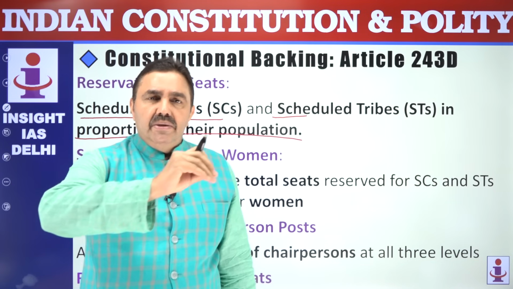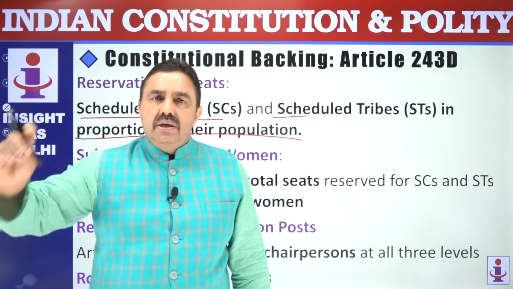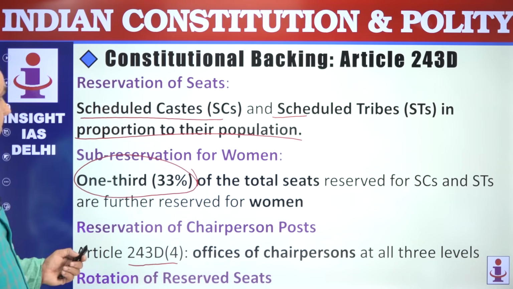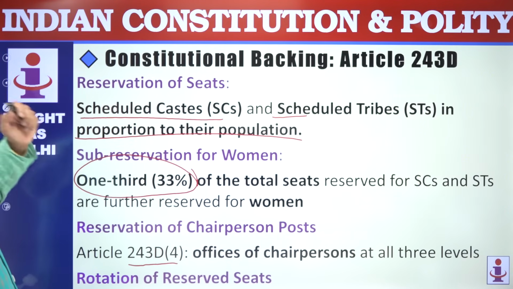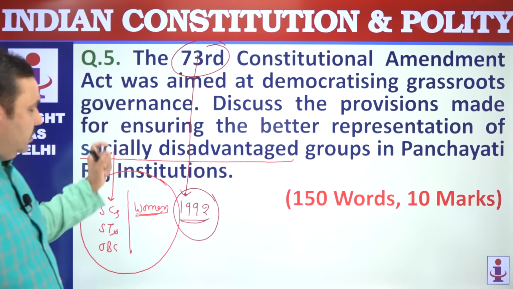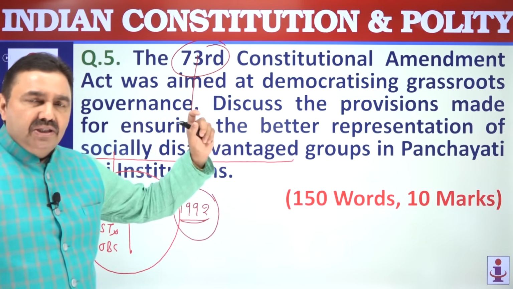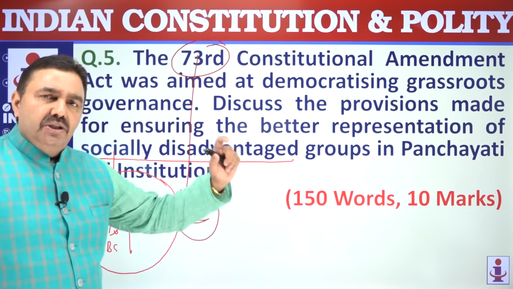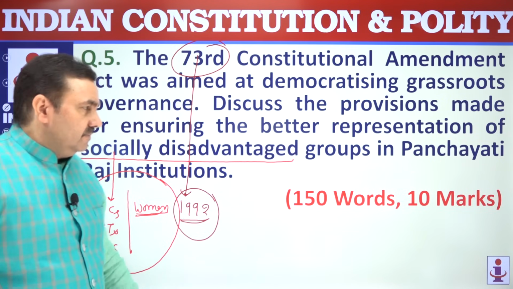To ensure that empowerment is equally distributed, there is a provision of rotation of reserved seats. So these are the provisions of the Constitution that ensure that representation of socially disadvantaged groups in panchayat bodies is there in the ratio of the population in that area.